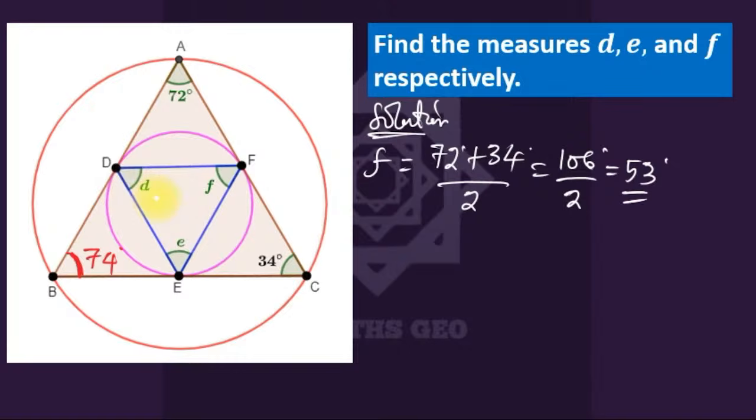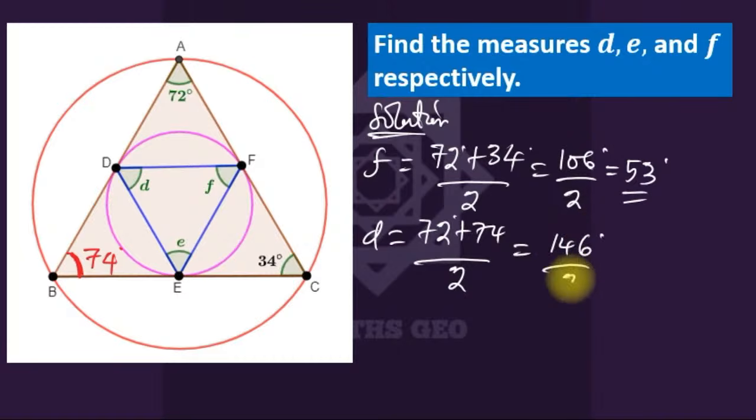D is the average of 74 and 72. As you can see, D is in the middle of 74 and 72. 74 plus 72 over 2, which is 146 over 2. So our answer is 73.